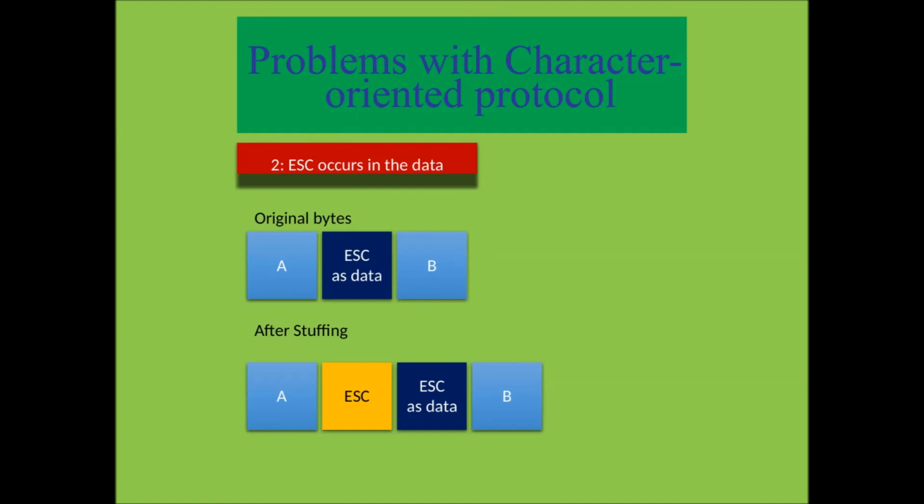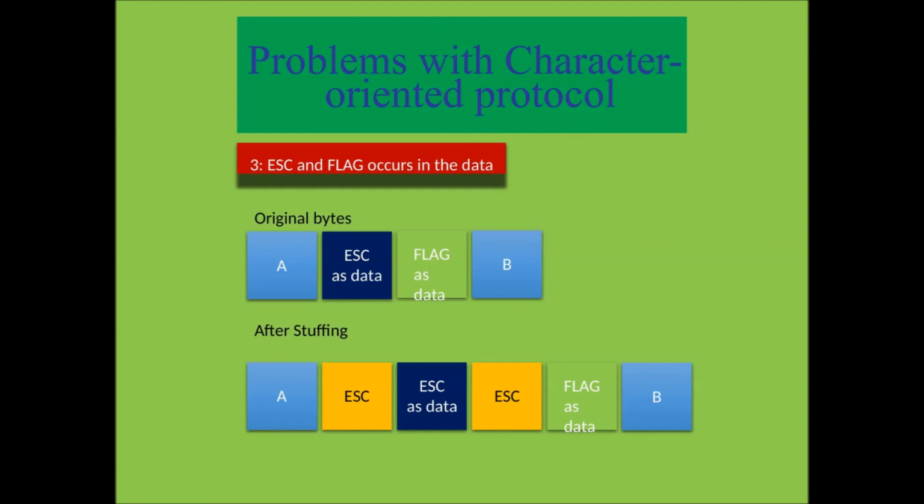But after stuffing, you can see escape and escape as data, because now escape as data is the same as the B byte or A byte. So we have to change this escape as data again. We will insert another escape byte, and in this way the differentiation is done between A and B.